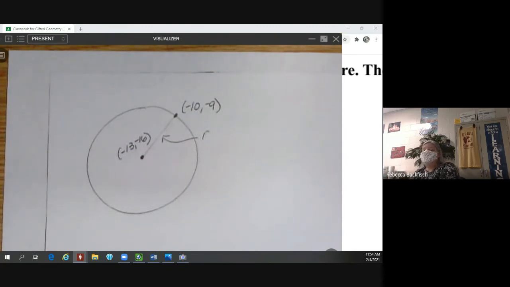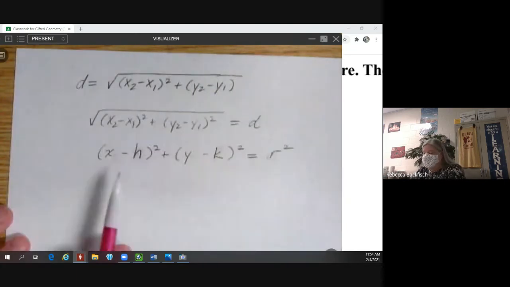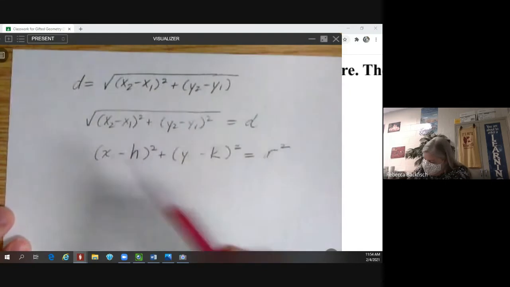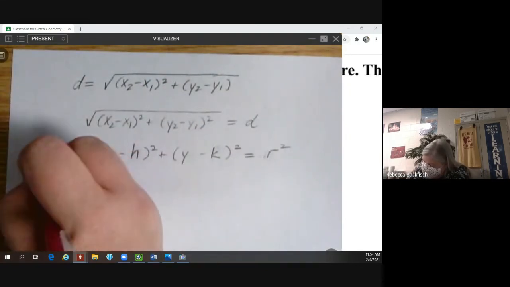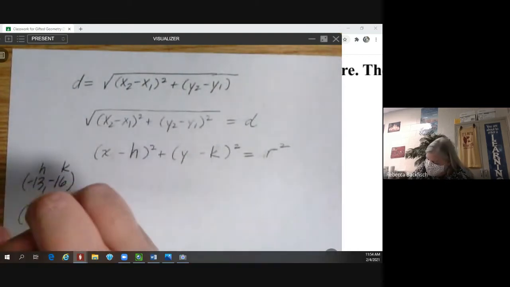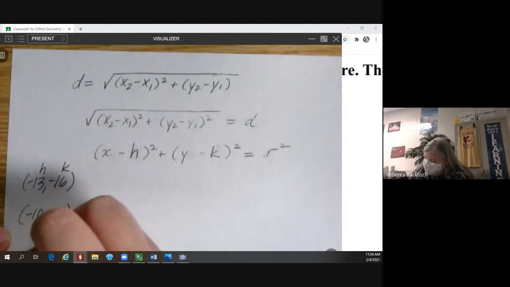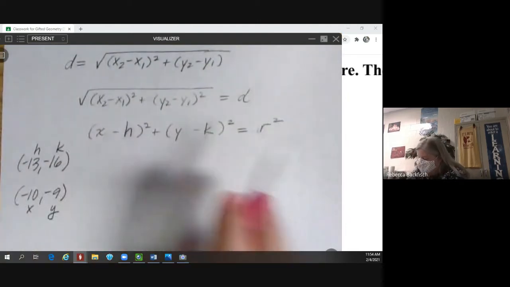But that's the less efficient way to do it, because I can do the distance formula just by plugging into the equation. In other words, if I have my center, and I know any point anywhere on the circle, in this case, this is the point I know, that's an x and a y value on my circle, I can just plug these in right there.